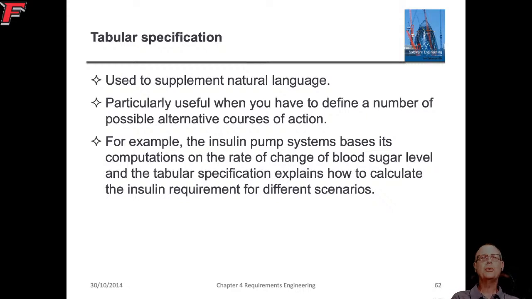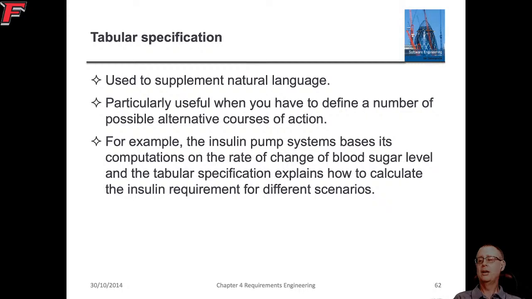Sometimes you want to put requirements in the form of a table. And this is usually to supplement the actual shall statements. You don't want to use a whole series of shall statements when it might be quicker to just show the numbers in a table. You would refer to the table, so you need to number the table.